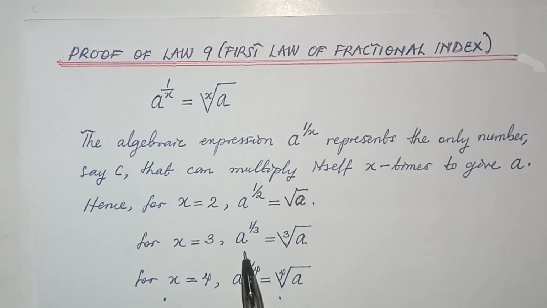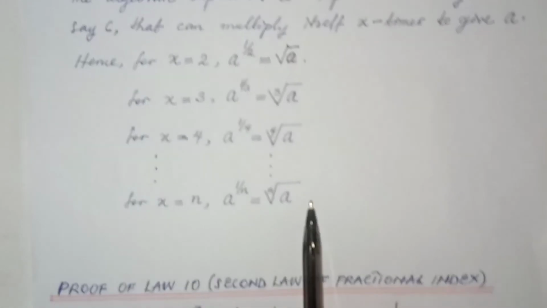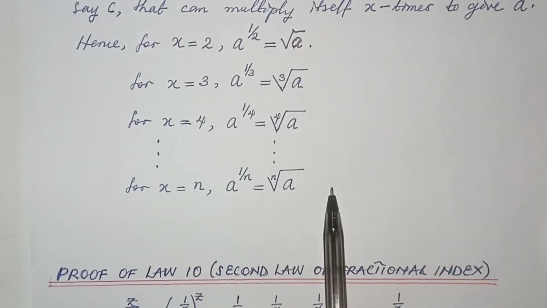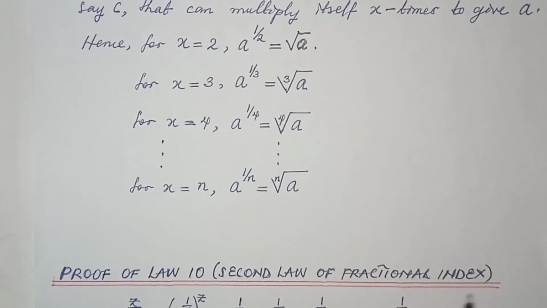When x is 3, a raised to power 1 over 3 results in the cube root of a. When x is 4, a raised to power 1 over 4 will give you the fourth root of a. When x is n, a raised to power 1 over n will be represented as the nth root of a.